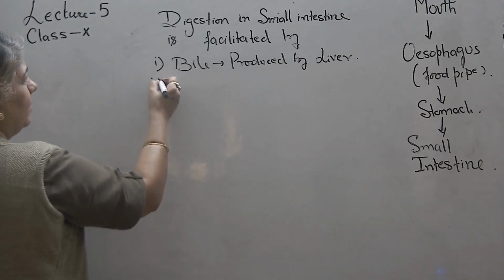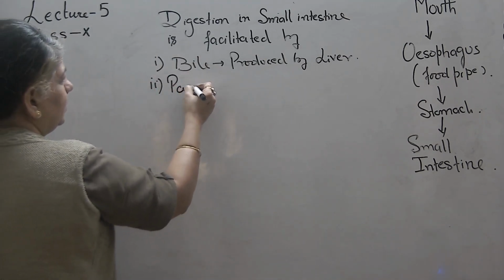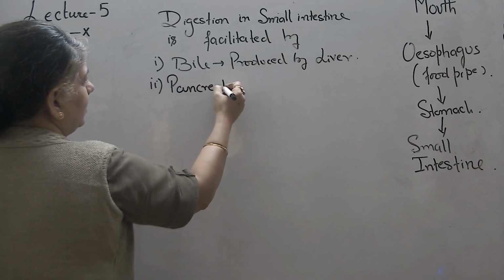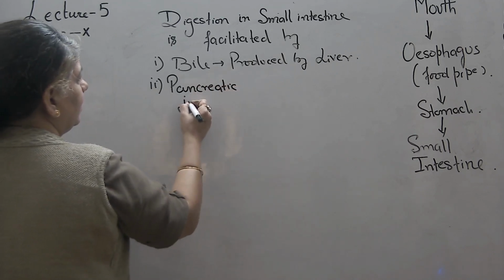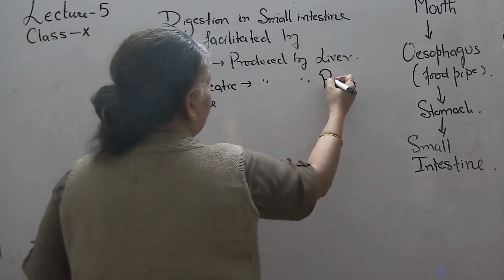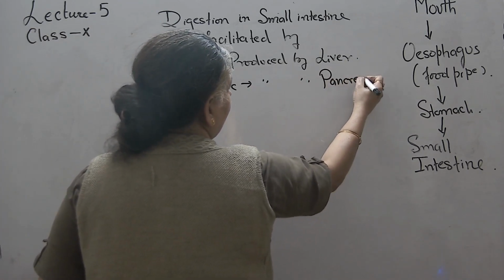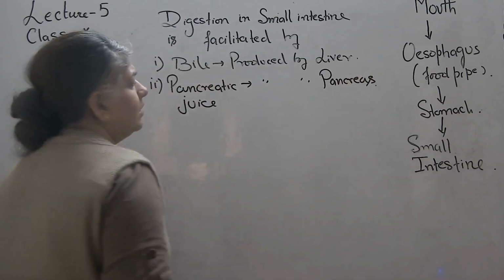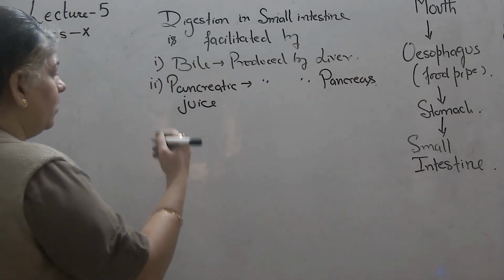Then pancreatic juice, produced by pancreas, present just below or behind the stomach.